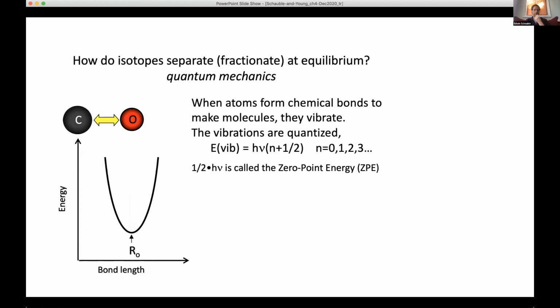In addition, of course, there are excited states, but this concept of a minimum possible energy, the zero-point energy, turns out to be the main driver of equilibrium isotope effects, and ultimately variations in 17O at equilibrium.